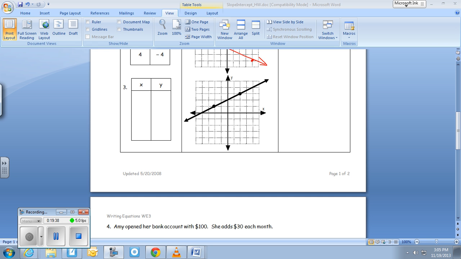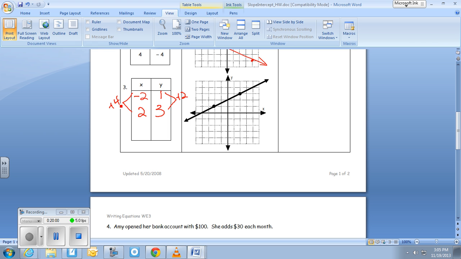And number 3, they're giving me the points on a graph, so I'm going to put those over in my table. I see that I have a point at negative 2, 1, and I also have another point at 2, 3. I'm going to find the difference in my y's. I'm adding 2. The difference in my x's, I'm adding 4.